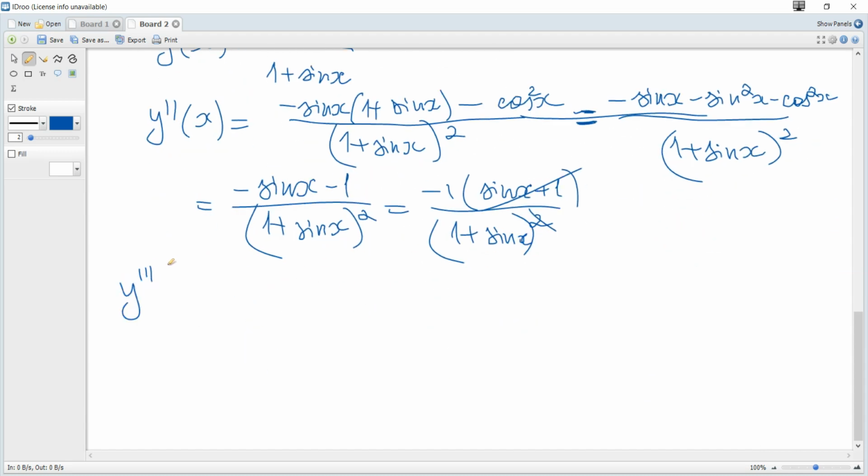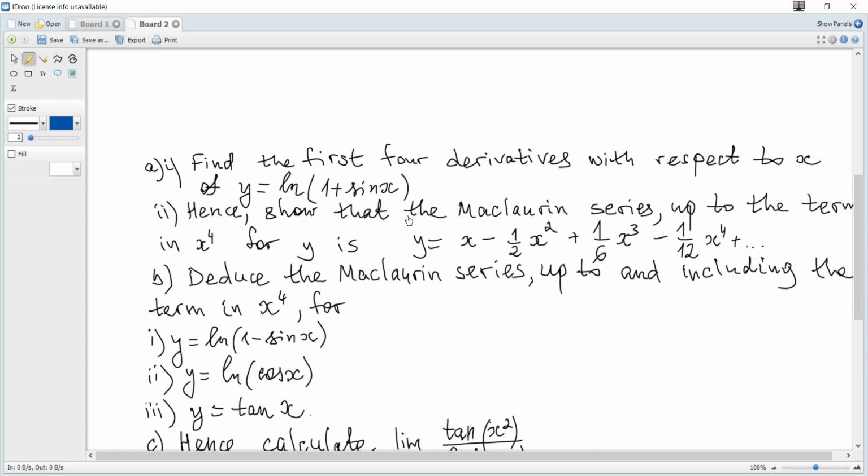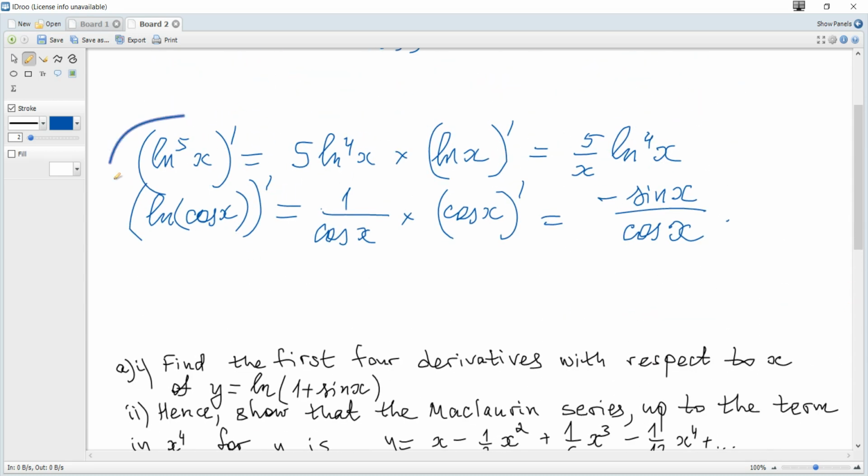Hence the third derivative becomes, we can apply the quotient rule again, or we can consider it as 1 plus sine x to the power -1 with a minus, and take the derivative and apply a chain rule according to this rule.